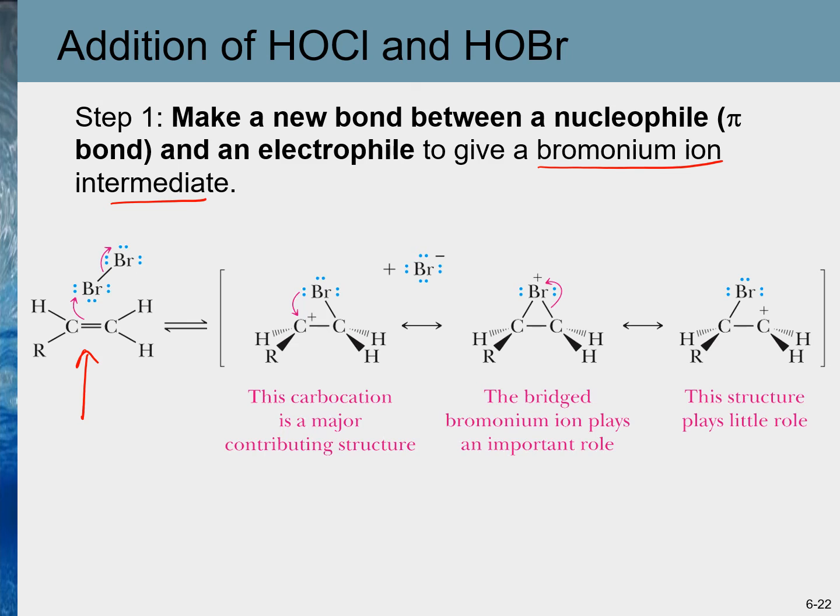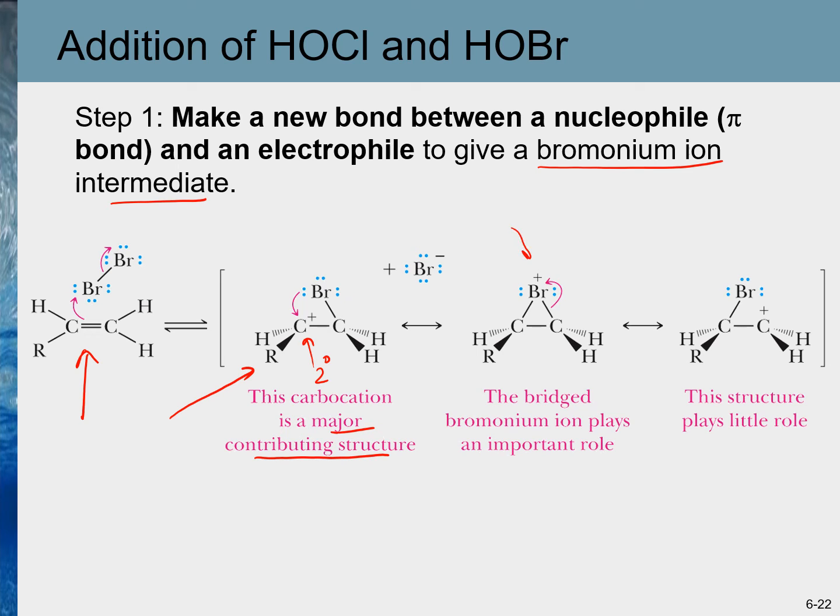Now the first contributing structure, this one, has a positive charge on a carbon atom which is secondary in nature. So hence it is a secondary carbocation. And we know that secondary carbocations are relatively stable carbocations. So therefore this resonating structure is a major contributing structure.